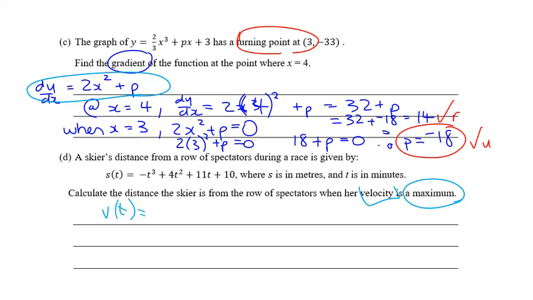So, yeah. So here, velocity is going to be -3t squared plus 8t plus 11. Acceleration equals -6t plus 8. Okay. Now, acceleration is 0. This part here is your achieved tick.